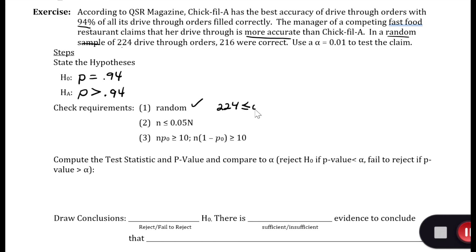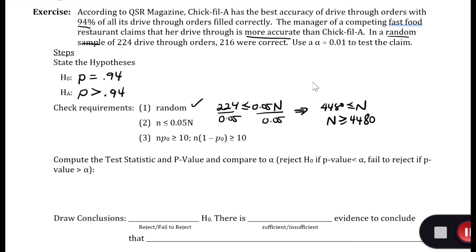And I want this to be less than or equal to 5% of my population size. So I divide by 0.05 on both sides, and I get that 4,480 is less than or equal to n. That might be easier to see as the population size has to be greater than or equal to 4,480.